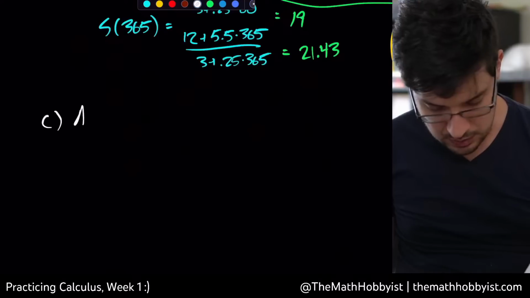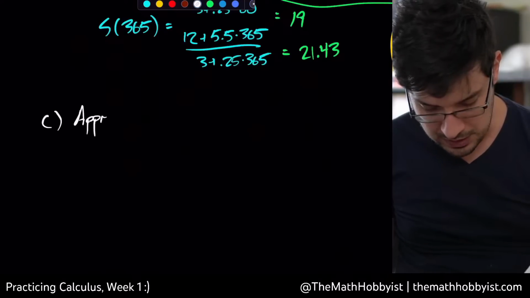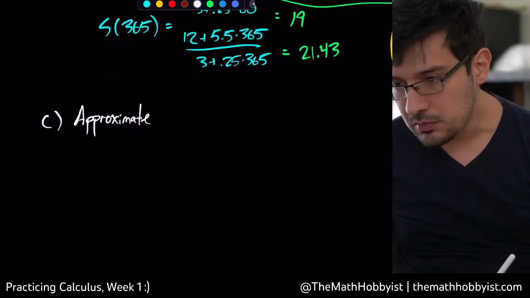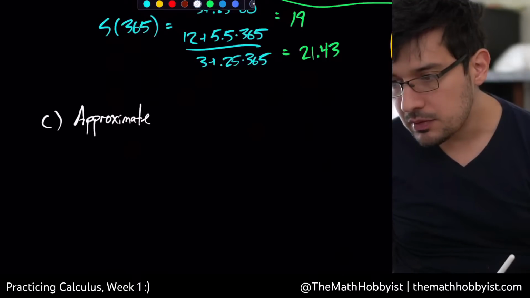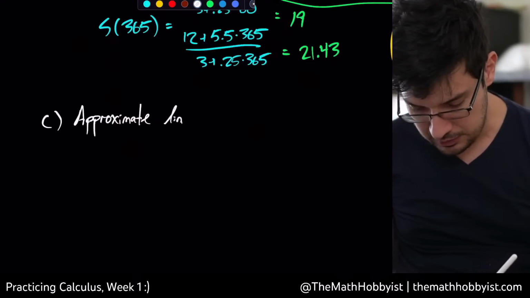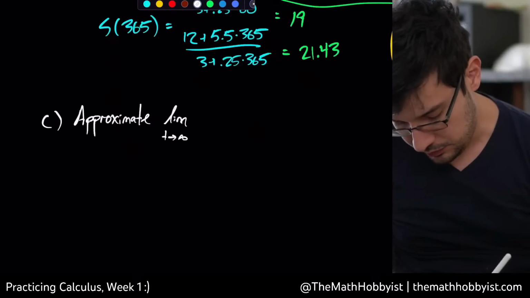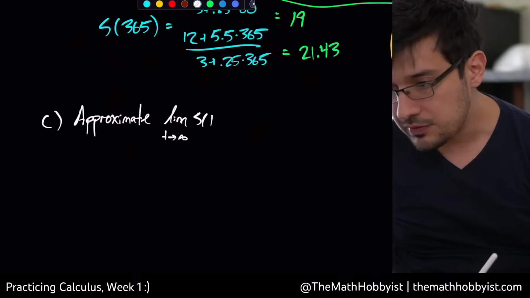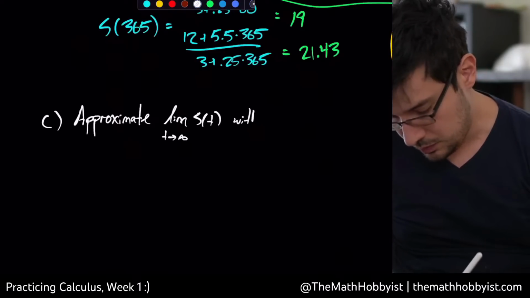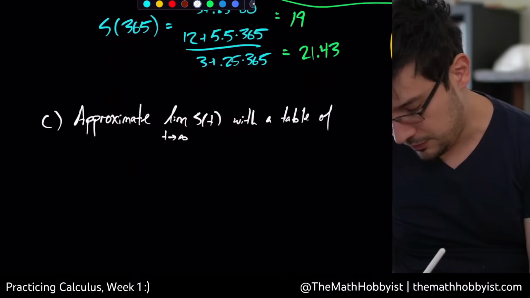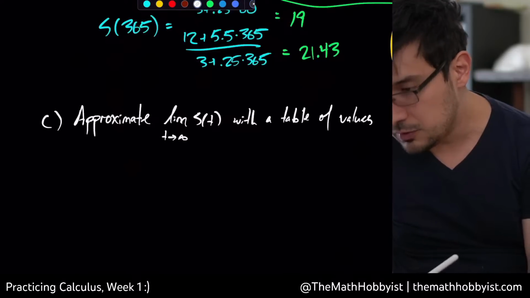Okay, approximate the limit as t tends to infinity of s of t with a table of values.